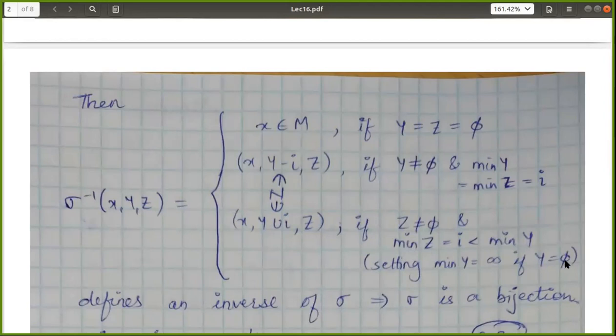If y happens to be empty, you set the minimum of y to be infinity. Then both these elements are in M.